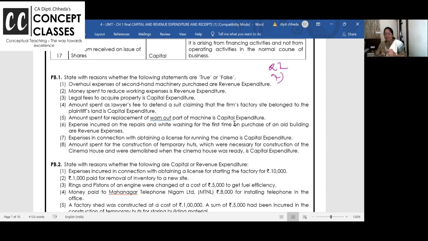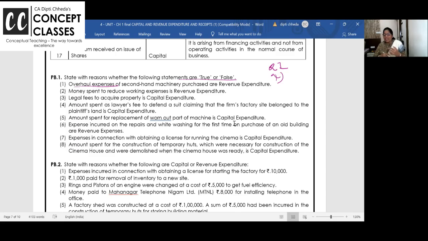First is to give whether it is capital or revenue expenditure. I told you this topic is usually asked in true and false. Overhauling expense of second-hand machinery. Now many of you may not be clear what overhauling expense is.